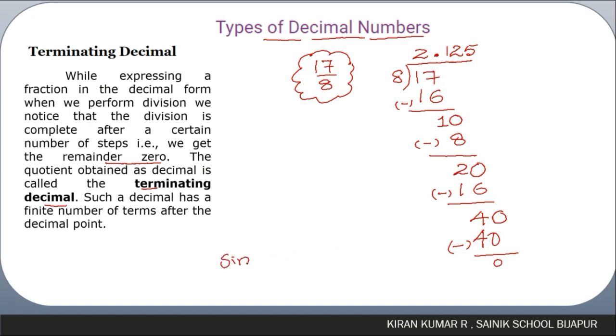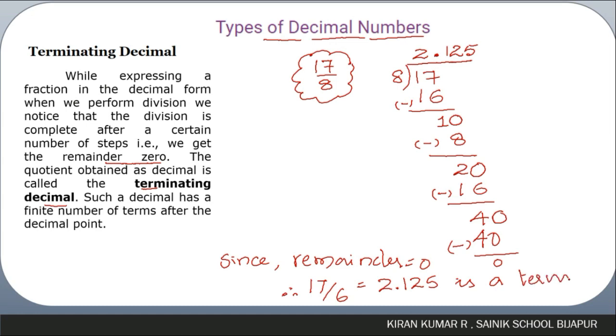Since the remainder is 0, therefore 17 upon 8, which is 2.125, is a terminating decimal.